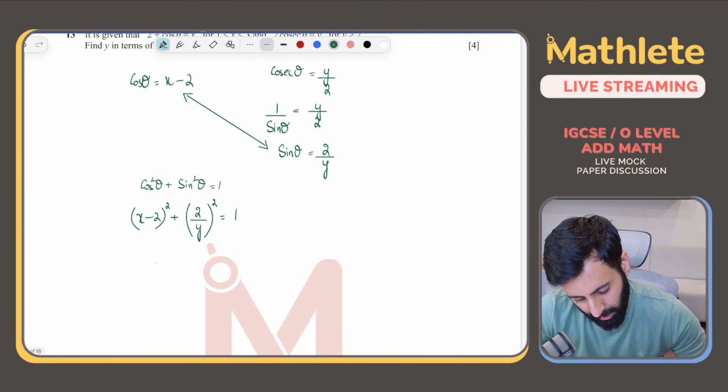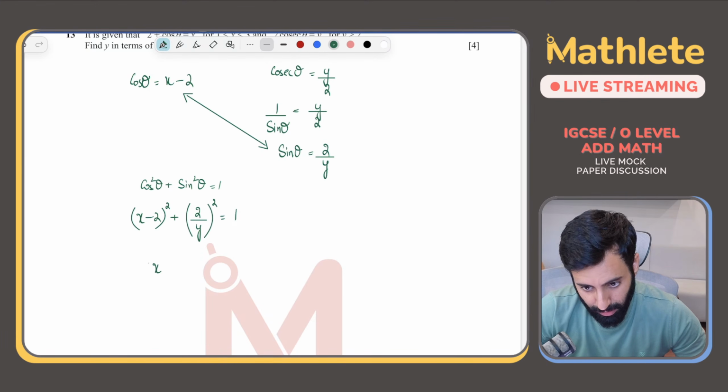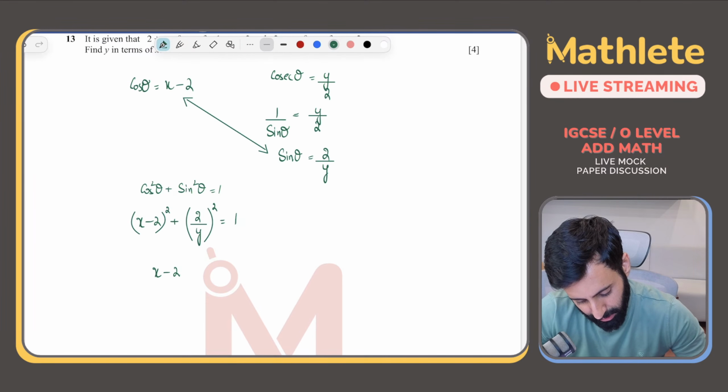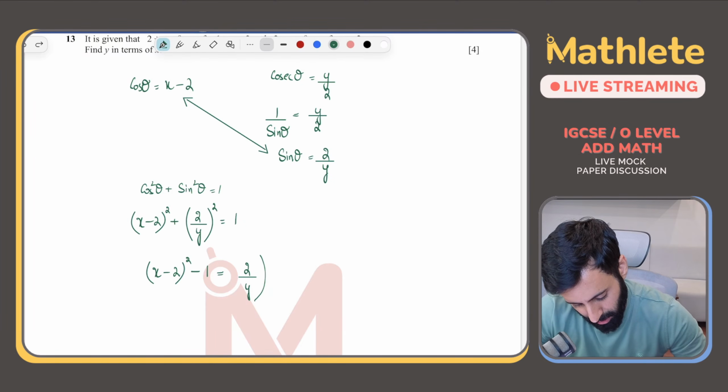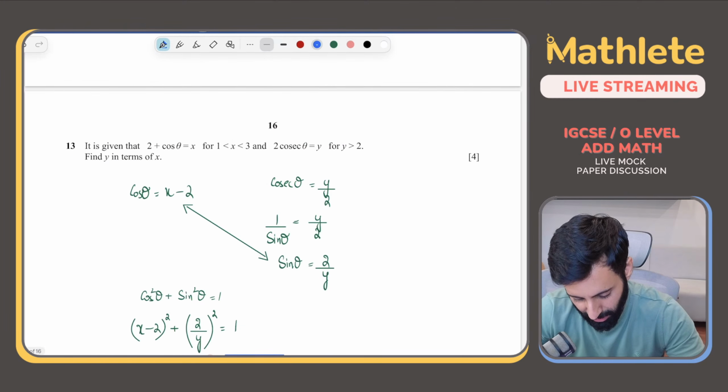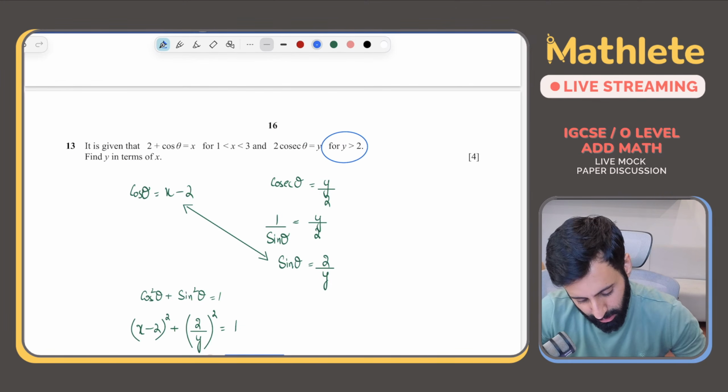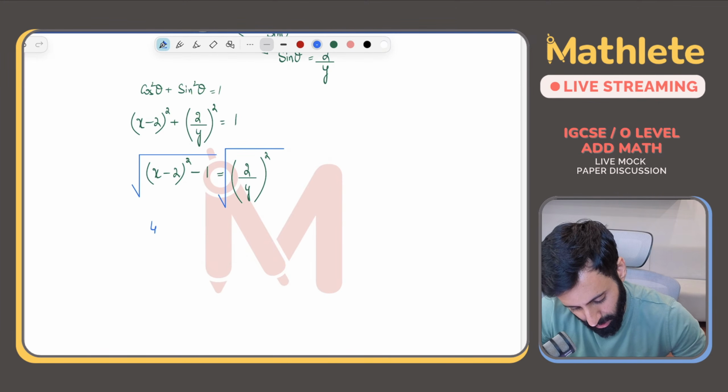So what we end up with is x minus 2, the whole thing squared, minus 1 equals 2 upon y, the whole thing squared. Since we are supposed to find y in terms of x, we take the square root on both sides, which gives plus minus, but the question says y is greater than 2, so we only take the positive square root.